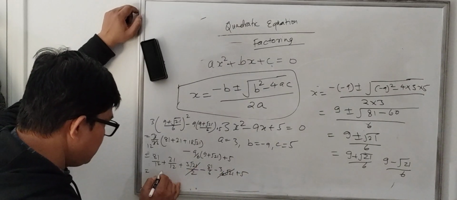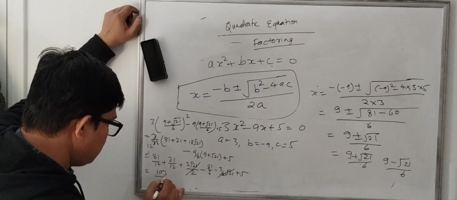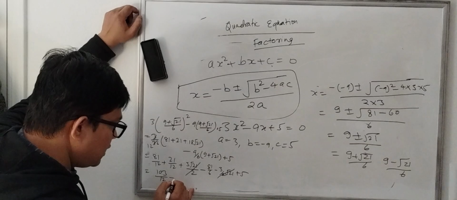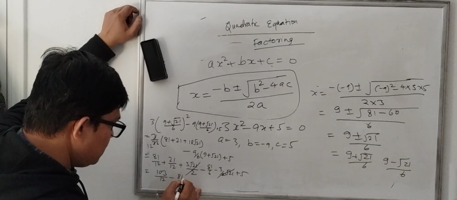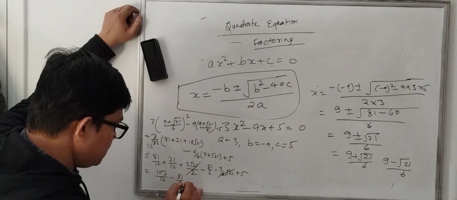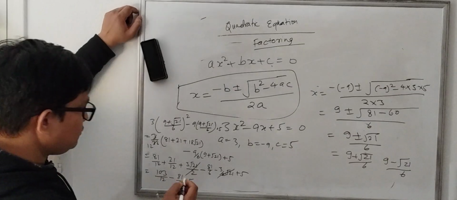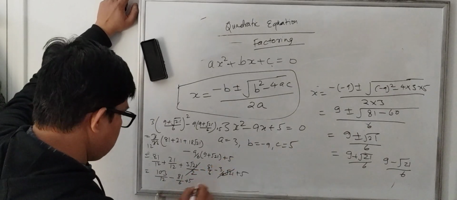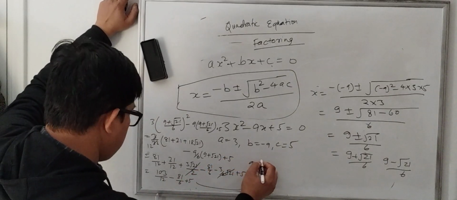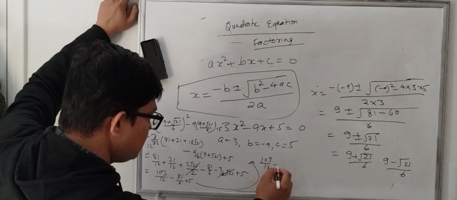And this will be 3, 10 by 12 minus 81, okay, by 6, that's 5. Okay, now this one will be 103 divided by 12, make everything 12.